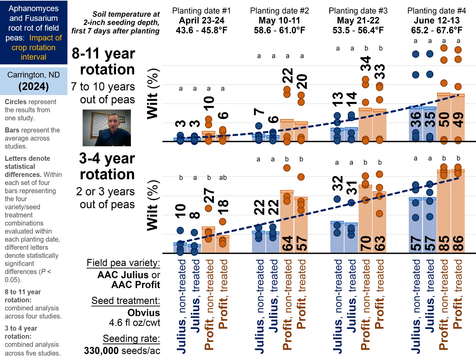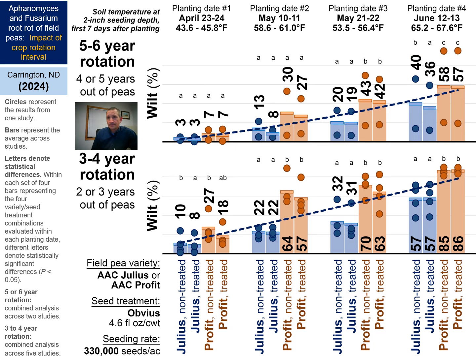So what it basically says is that an 8 to 11 year rotation may give us some flexibility on variety selection, planting early, or if you have a tolerant variety, a little bit of flexibility on planting date. On the other hand, if you need to go with a tight crop rotation, you better be really careful with your variety selection and get it in early.